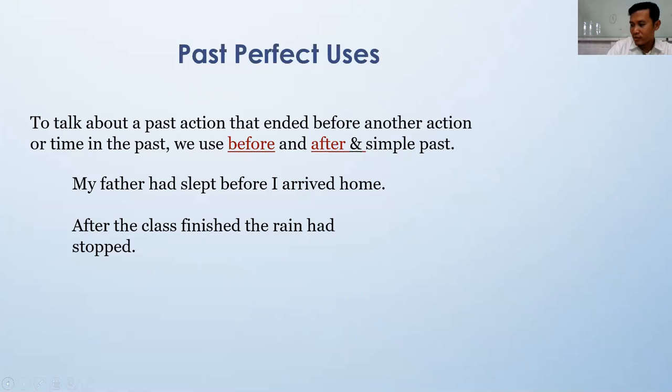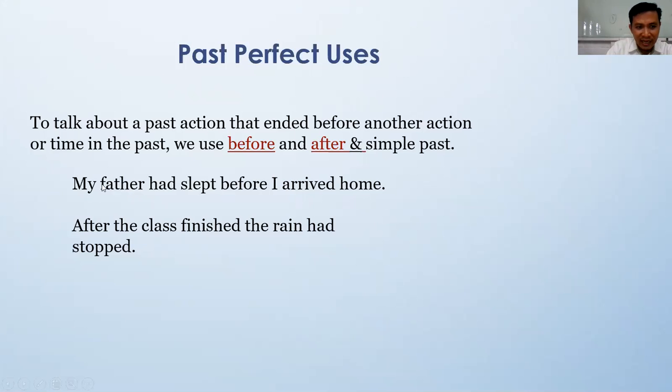Which clause indicates past perfect tense? My father had slept or I arrived home. Can you tell me? Which sentence expresses past perfect tense? My father had slept or I arrived home. Can you tell me?